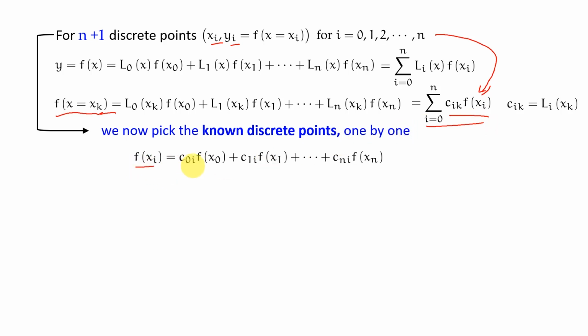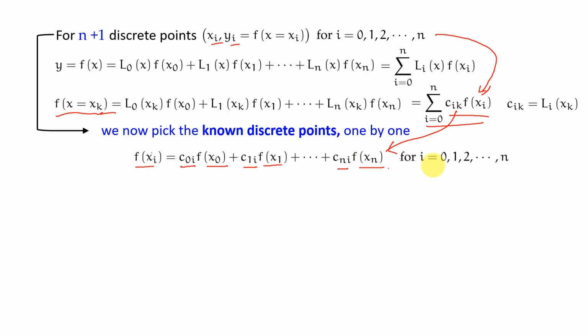So f at xi will be C0i f(x0), C1i f(x1), all the way up to Cni f(xn). These c's are coming from here, and these xi's are the actual points where we already know the values.